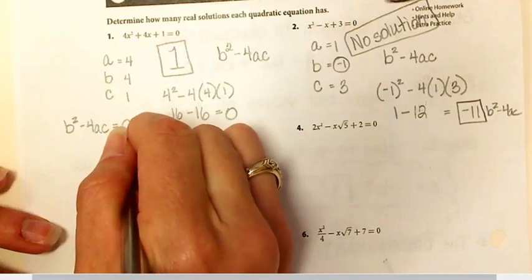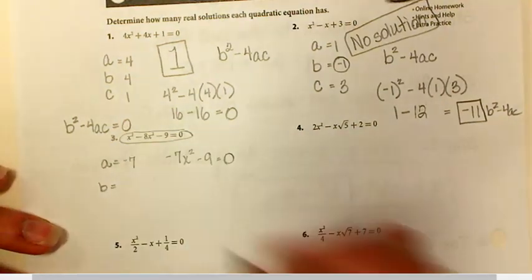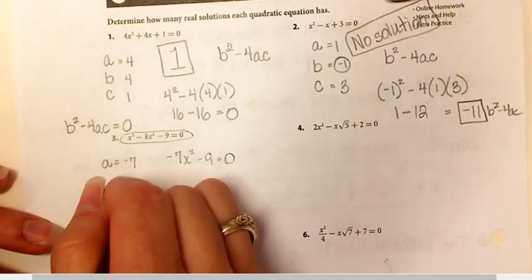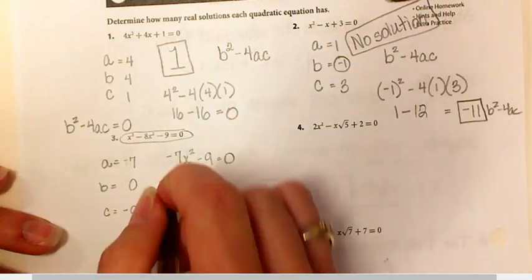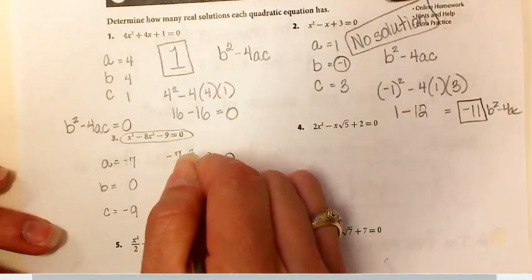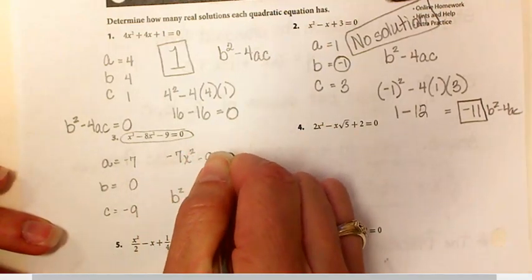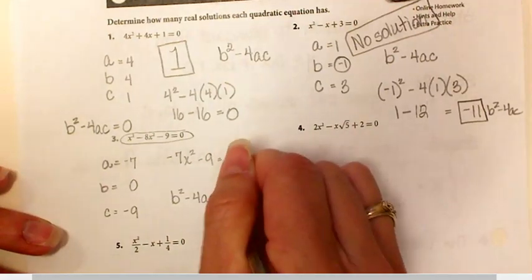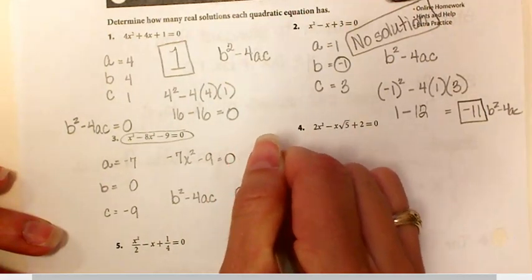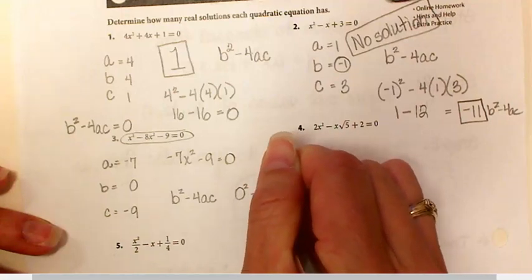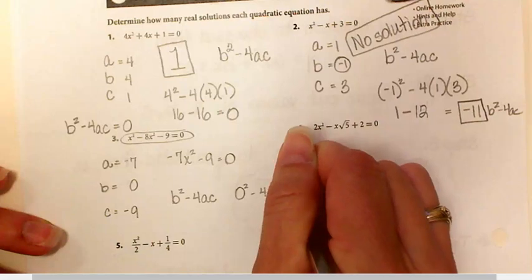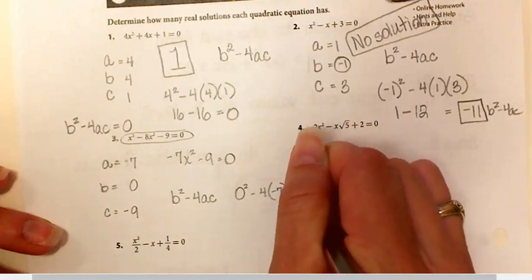A is -7. There is no B, so B is 0. And C is -9. So B squared minus 4AC. B squared, that's going to be 0 squared minus 4 times A, which is -7, times C, which is -9.